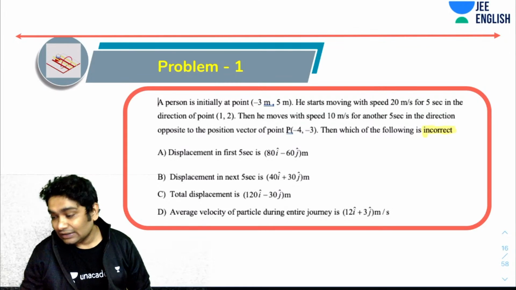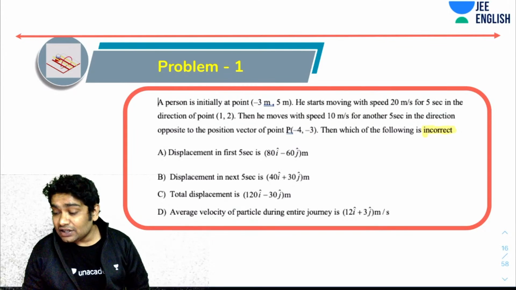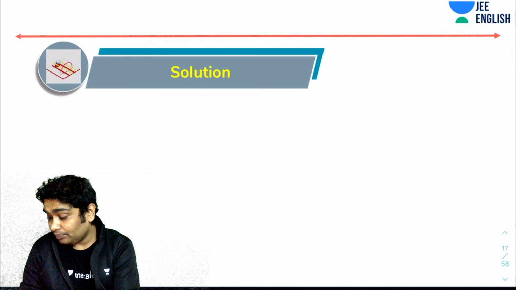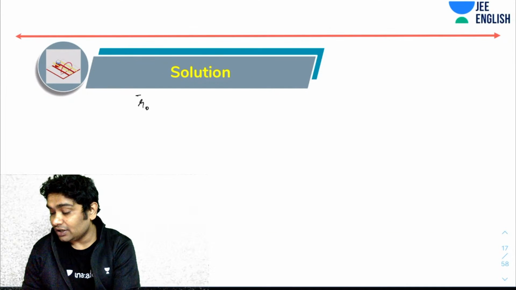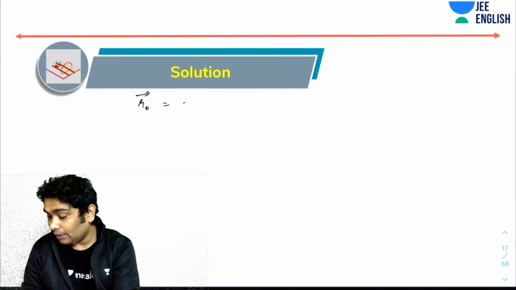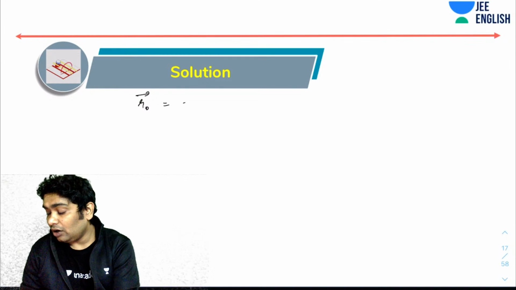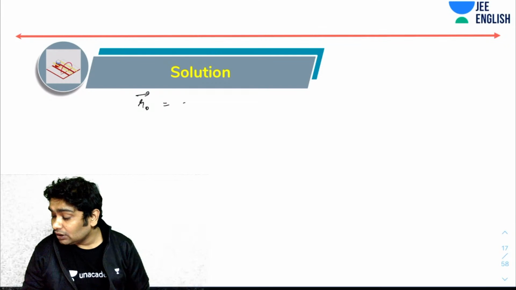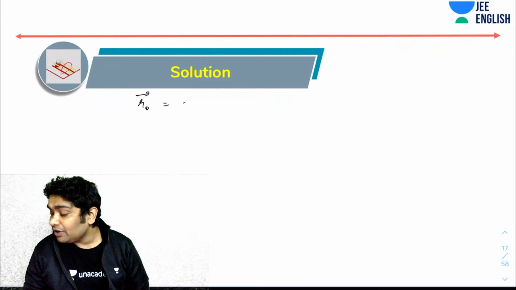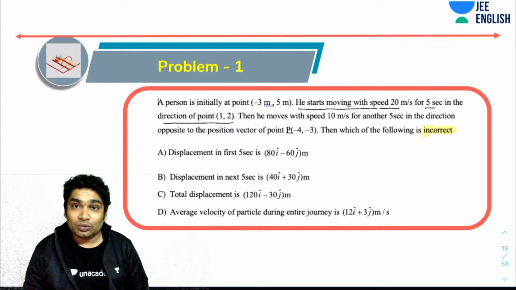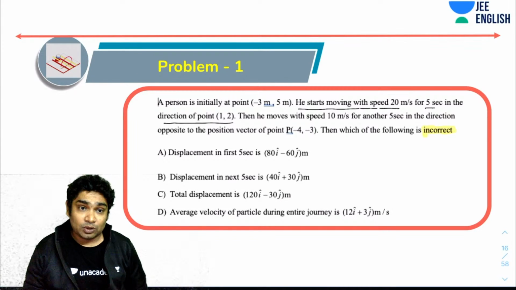In fact, let's see how you would have solved this. The initial position vector R naught is -3 i cap + 5 j cap. For the first part of the motion, the person moves with a speed of 20 meters per second for 5 seconds in the direction of the point (1, 2).